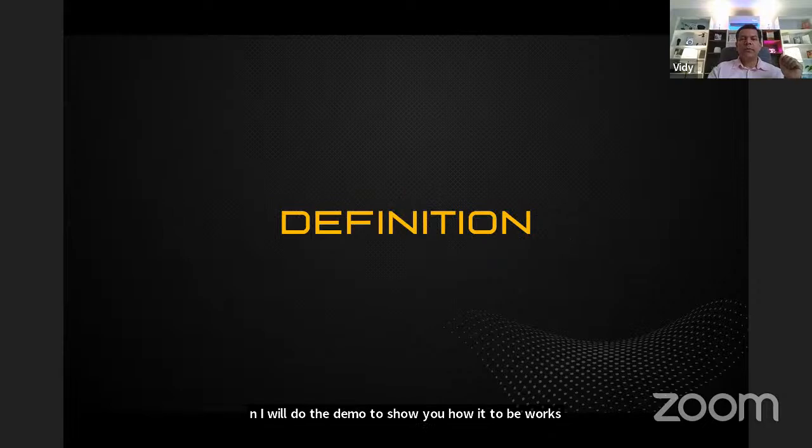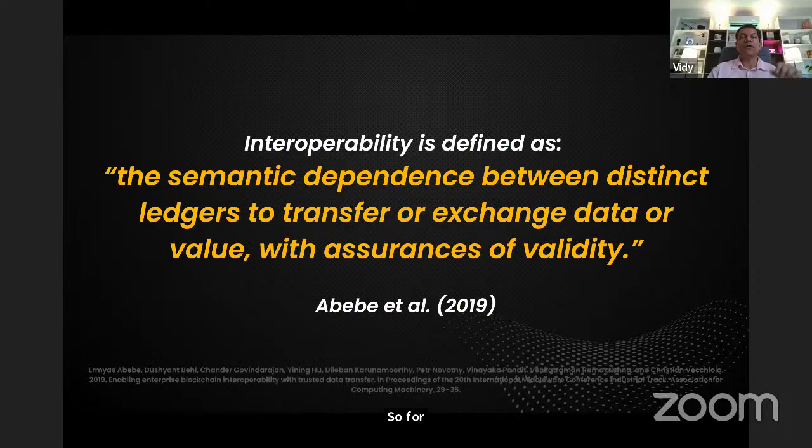For blockchain interoperability, I want to start off with a few definitions, to give you a background of what we are actually referring to when we talk about interoperability and why it is important. This definition says: the semantic dependence between distinct ledgers.